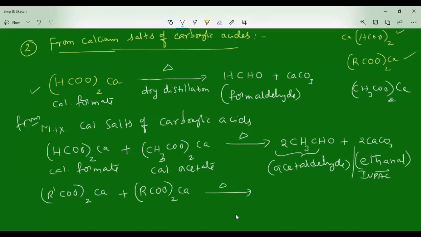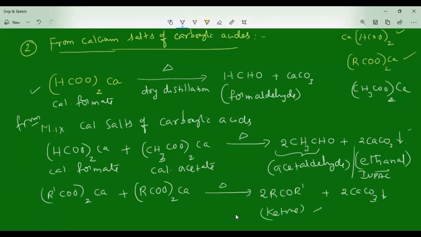Upon this dry distillation, you will get 2 moles of RCOR'. The rest is 2 moles of calcium carbonate, common in this process. So RCOR' is what we call a ketone.